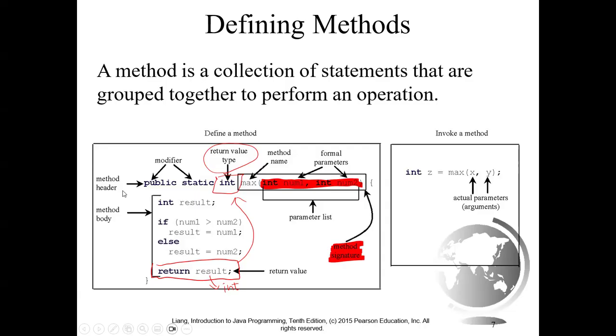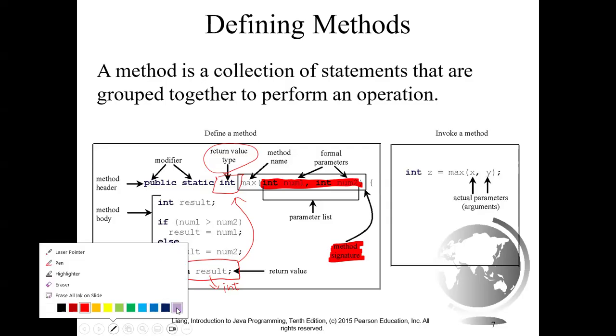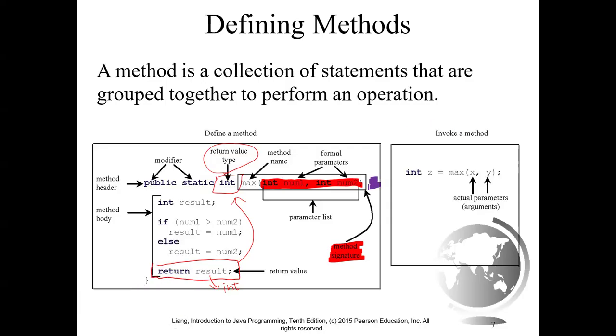And after the first line, which is the method header, after that, it is curly brackets, right? And between the two curly brackets, which is here and here, oh, sorry. Let me get back.